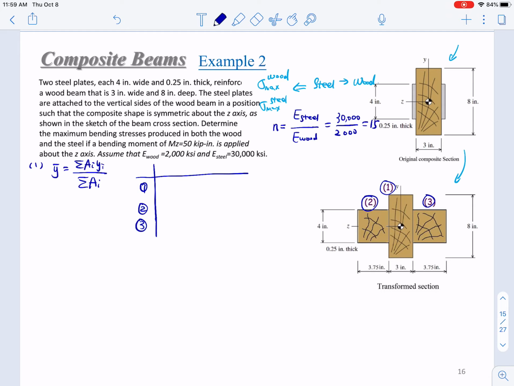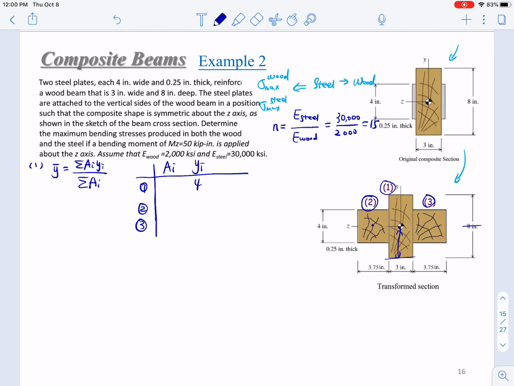So what is Ai and what is Yi? You can see that Y1, from the bottom to the centroid, is just half of 8, which is 4. How about Y2?